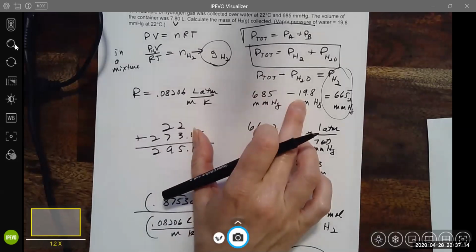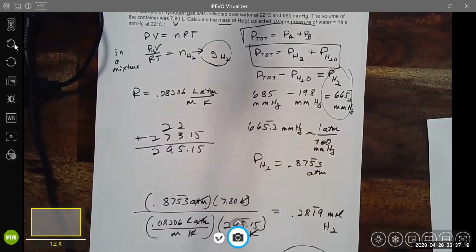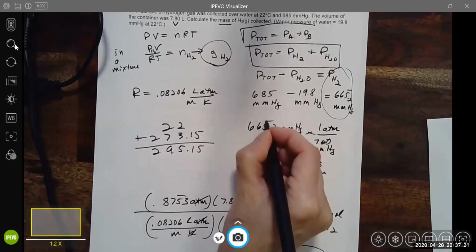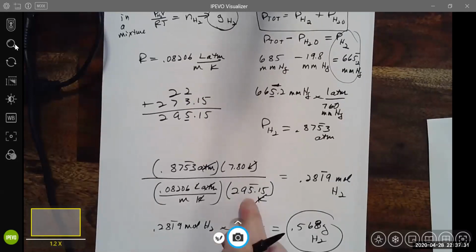I carried an extra one here. This is where my sig fig is. I wrote it down with a little notation, a line above or below the number, just my own signal to tell me where my sig fig is.